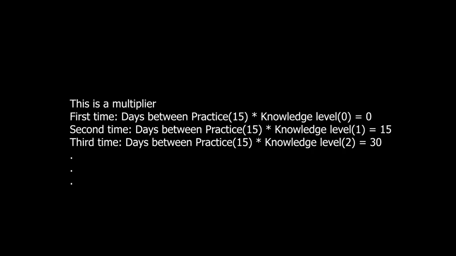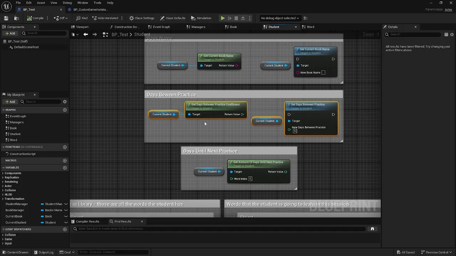When she succeeds, the knowledge level will be increased by 1. So the next time, the amount of days until the next practice will be this number multiplied by 1. So it is the same number, and next time will be increased by 1, so it will be this number multiplied by 2, and so on. The more you know a word, the less frequent you're going to see the word.